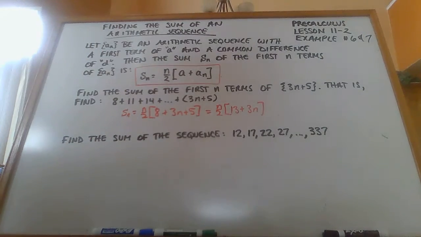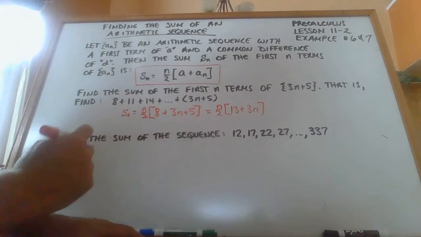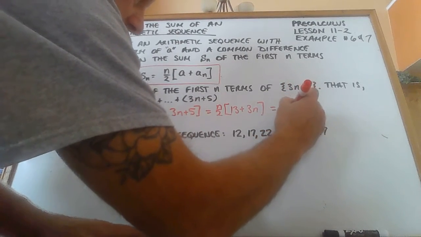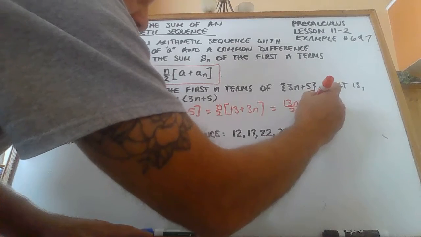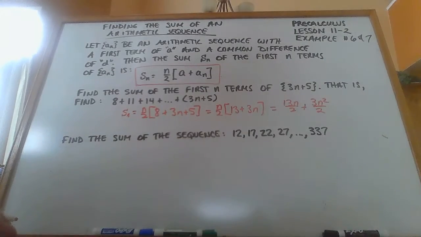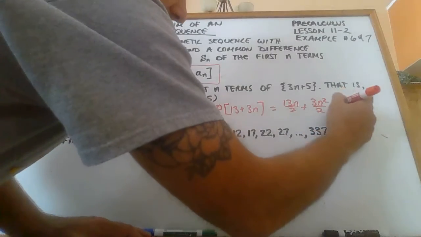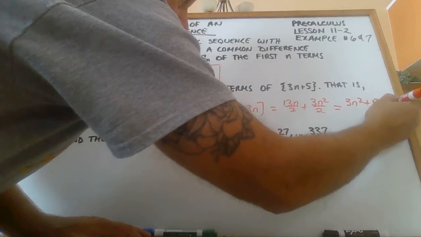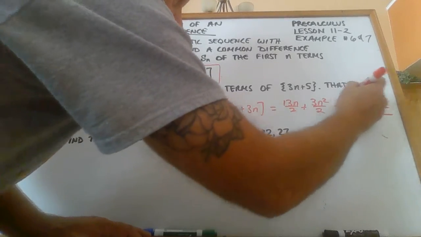And then we can distribute the n over 2 in there. So this becomes 13n over 2 plus 3n squared over 2. And we could combine that, I guess, and just clean it up and call it 3n squared plus 13n all over 2. Probably be our best answer to that.